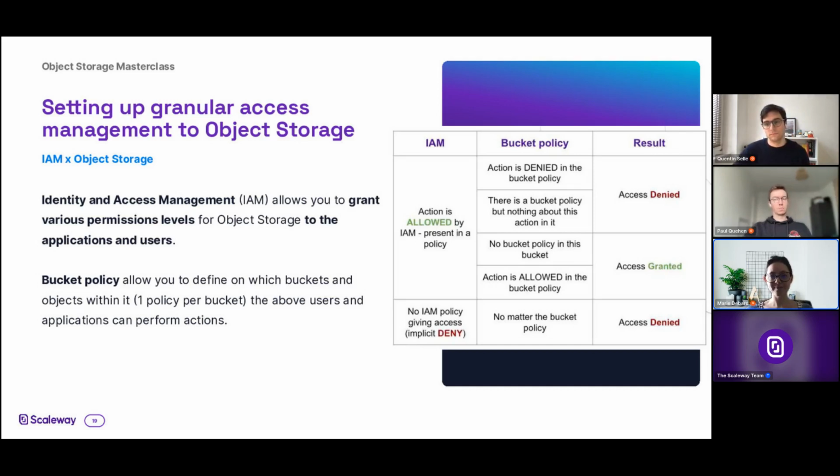So how it works, as a summary: if there is no IAM rule, this is an implicit deny. So no matter what the bucket policy says, nobody will be able to perform actions on object storage. If IAM is granting access to certain users and applications, then you need to look at whether there is a bucket policy.